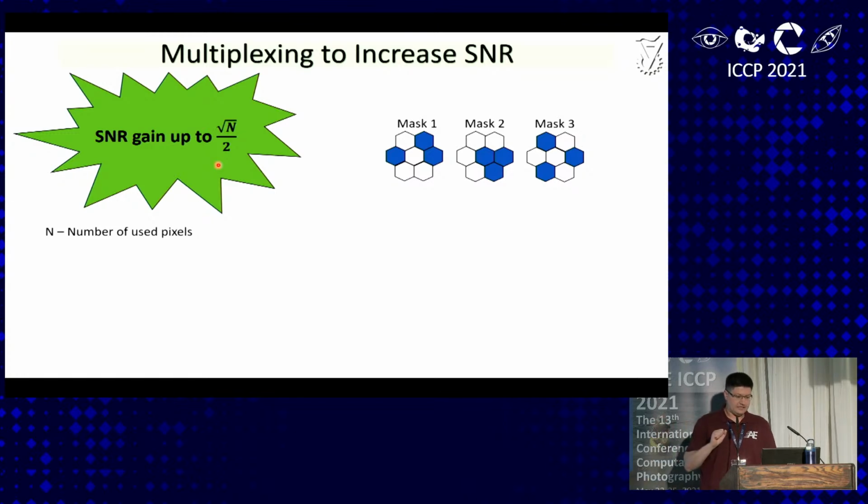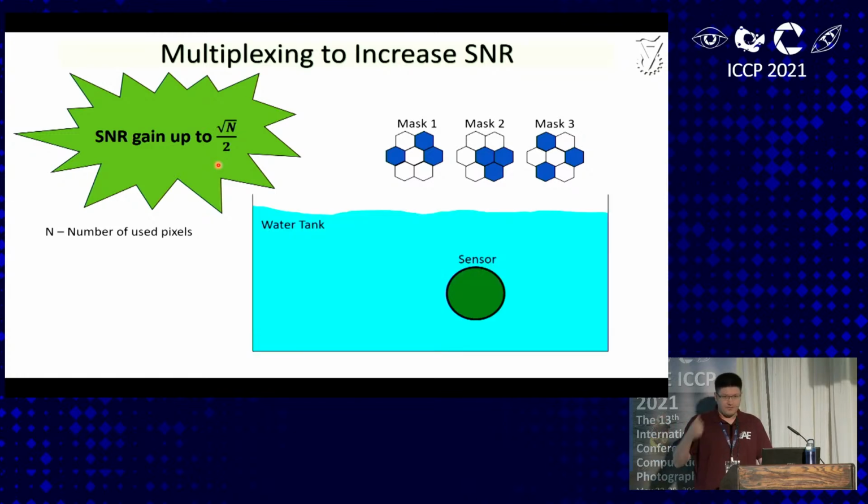Okay? And the problem is that in ultrasound, you don't have a way to perform such modulation, because the detector is placed inside a water tank. So if you want to change the patterns, you need to manually change the mask inside the water tank. It's really impractical.